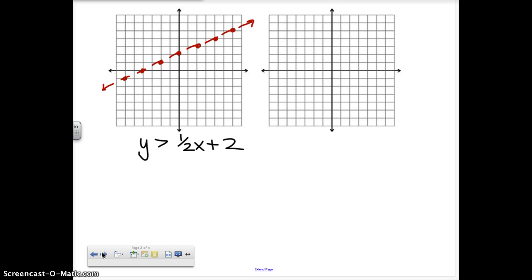And they're like, okay, I'm going to check 0, 0, Miss Visto. Yep, you are. 0 plus 2 is 2. Well, that makes no sense. 0 is not greater than 2, so we're going to shade the side that's not 0, 0. Okay? You've done that. You are great at that.